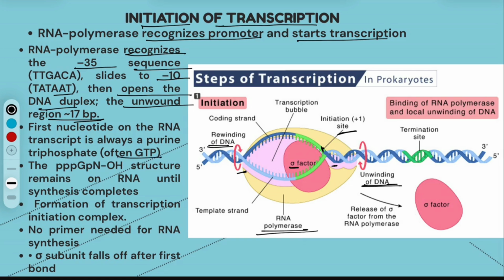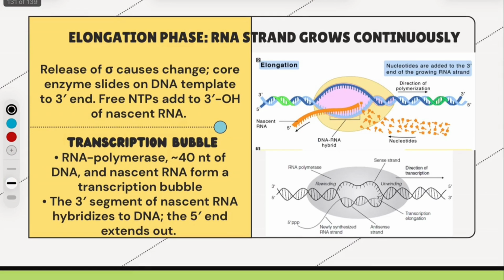It requires GTP as the first RNA nucleotide, which is always a purine phosphate. Formation of the transcription initiation complex is made at initiation and no primer is needed for RNA synthesis. This is a very crucial point. The sigma subunit falls off after the first bond, so the sigma unit will be detached.